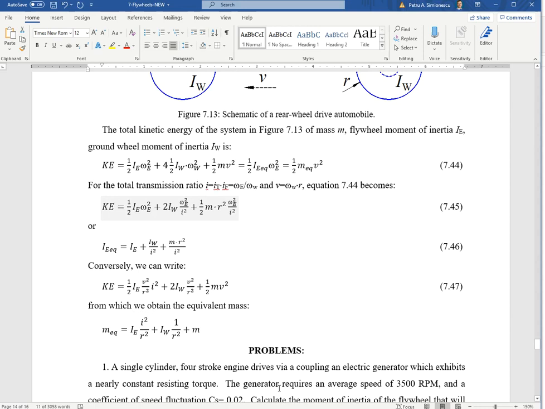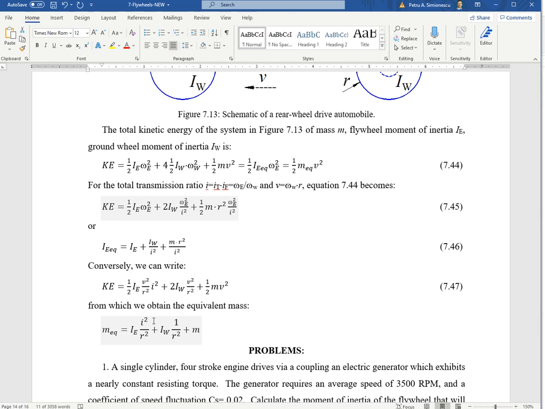Okay, we can play some scenarios. All we need to know is, say, a 10% reduction in moment of inertia, and the transmission ratio in first gear when you start accelerating from rest.